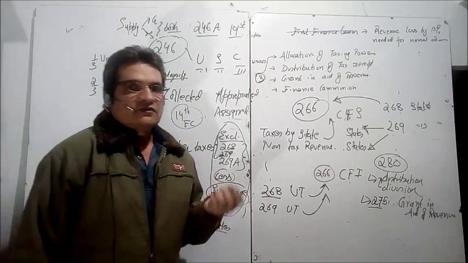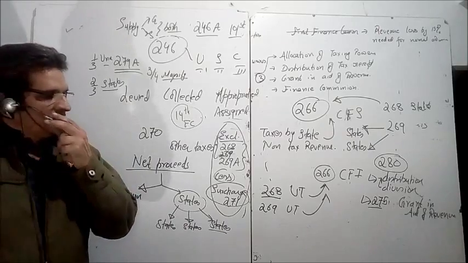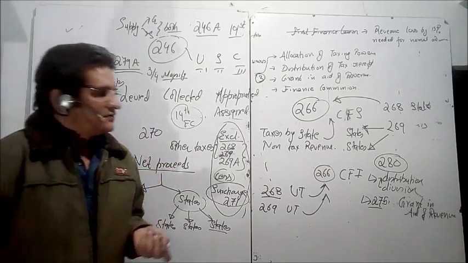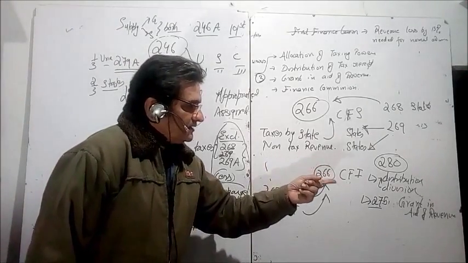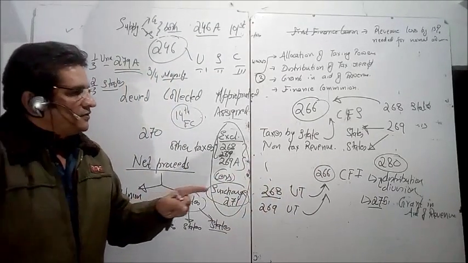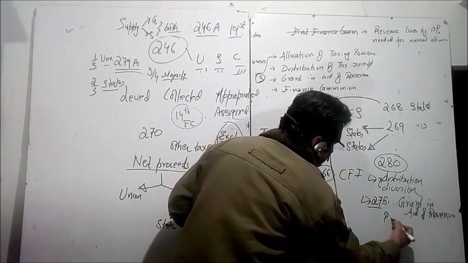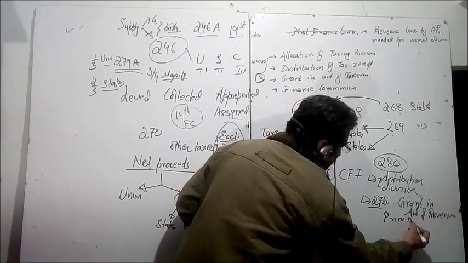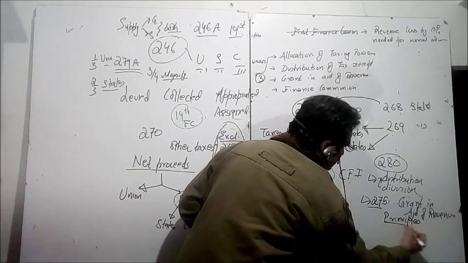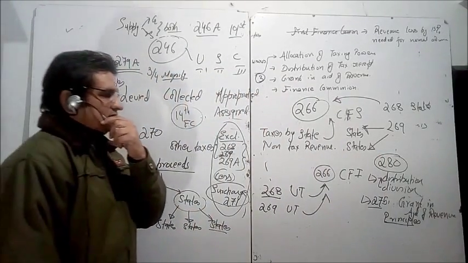Grant in aid of revenue is also given to the states for raising the level of administration of the scheduled areas and also for the welfare of the scheduled tribes. So the grant in aid, when it is given, what principles will be followed? The principles for grant in aid are also laid down by the Finance Commission under Article 280.